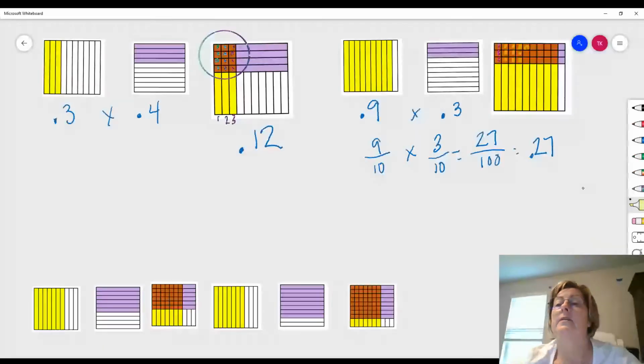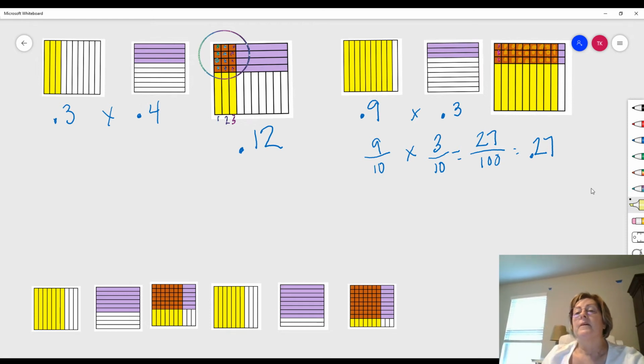There's my 3/10 pieces from each of the 9/10. Okay. 3/10 times the 9/10 equals 27: 3, 6, 9, 12, 15, 18, 21, 24, 27. 27 hundredths. And so we got that as an answer. So 3/10 times 9/10 does equal 27 hundredths. I hope these visuals are helping you a little bit better.